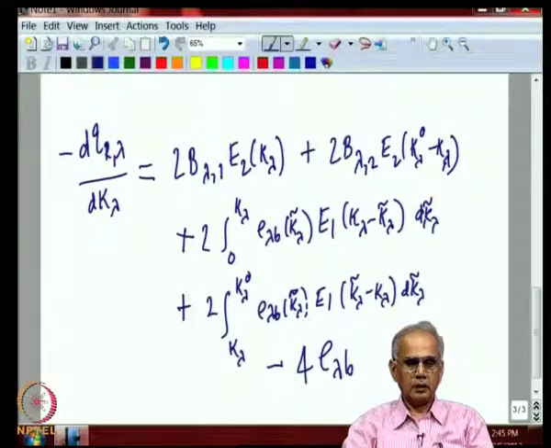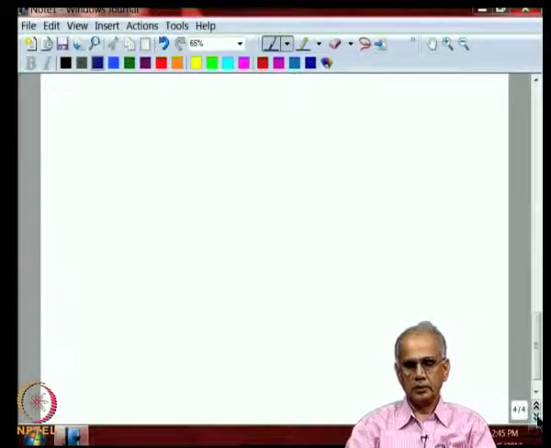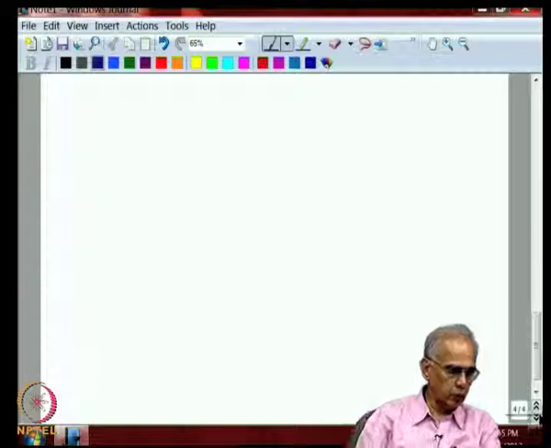Now, this is in the spectral domain. We want the total radiation.